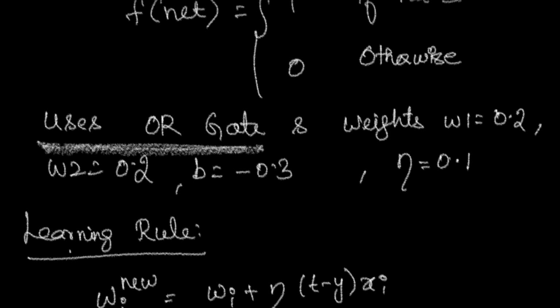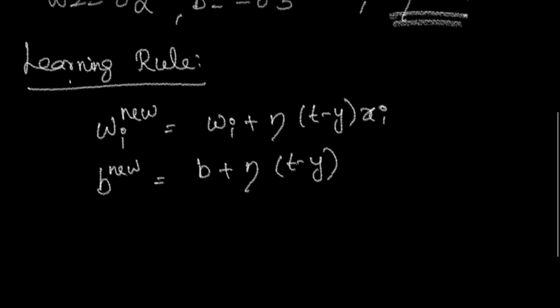The weights W1 and W2 are specified as 0.2, the bias is minus 0.3, and the learning rate is 0.1. Now the learning rule is, if I want to find the new weights, it should be the weights plus the learning rate times (t minus y) times xi.